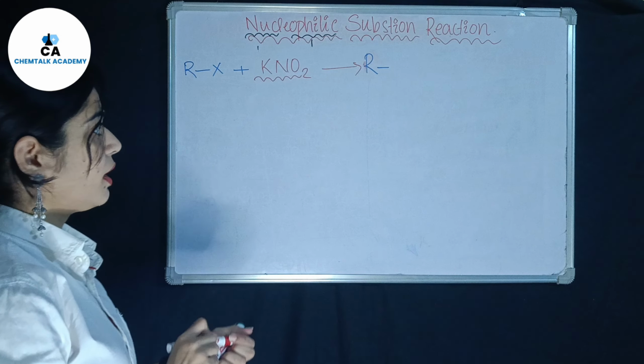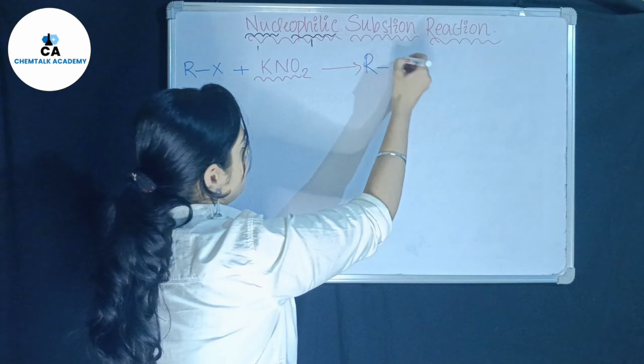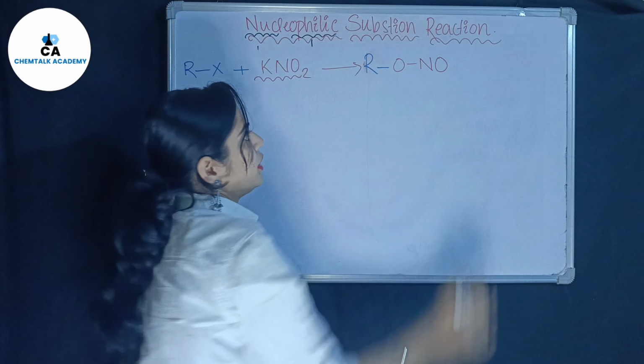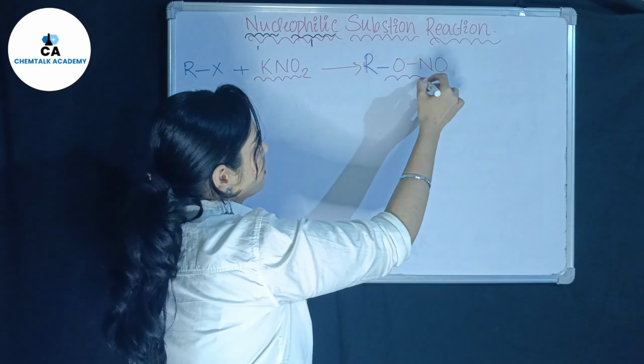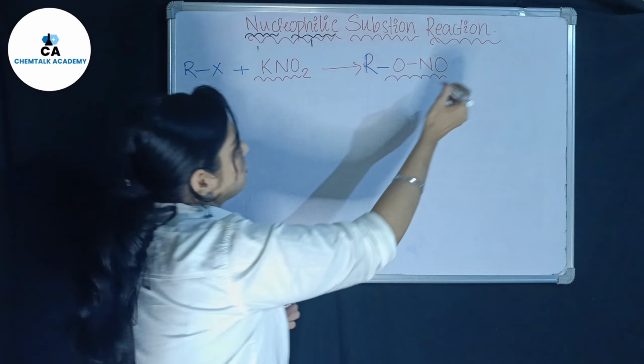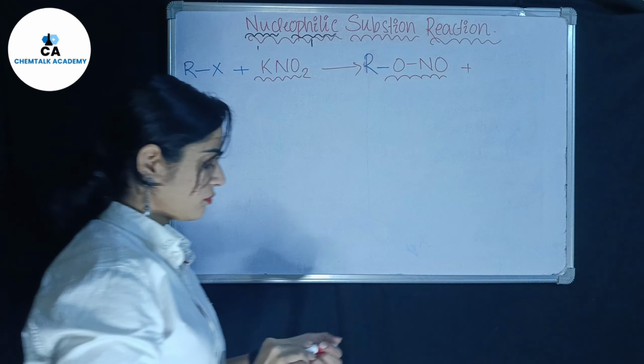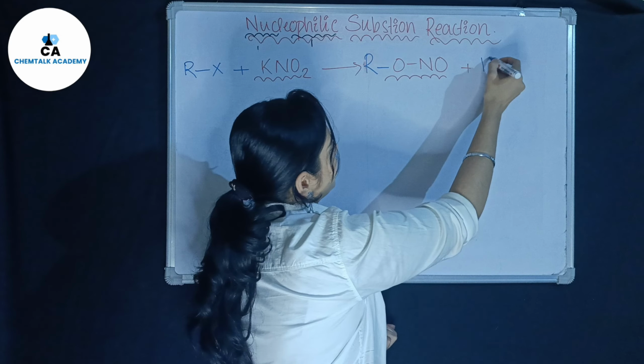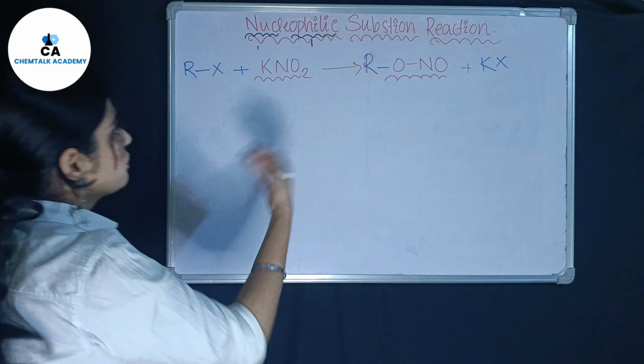The linkage will be from the oxygen side. And the byproduct will be KX.